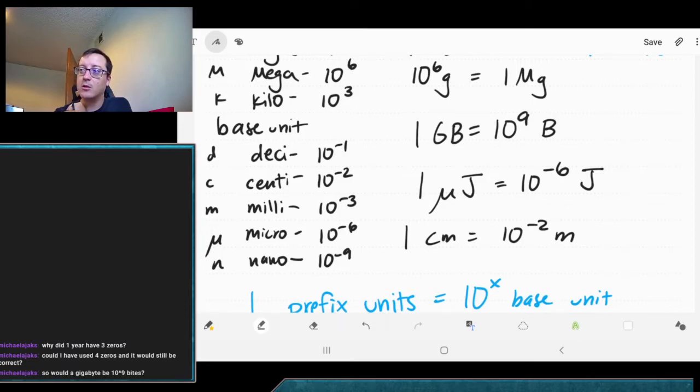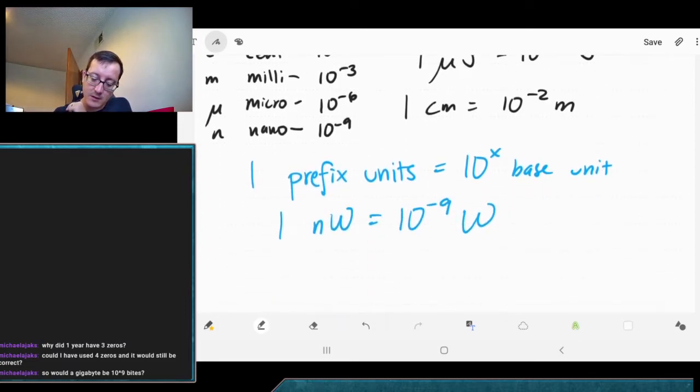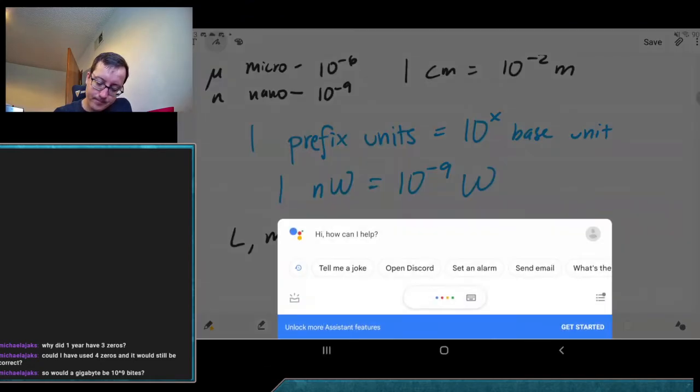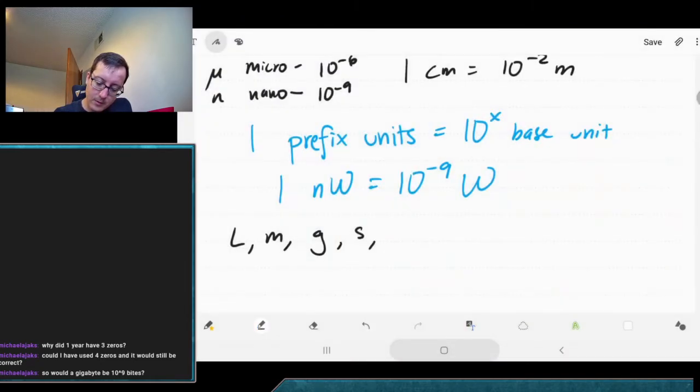All right, so your base units, again, we see super common ones: liters, meters, grams, seconds, watts, joules, calories.